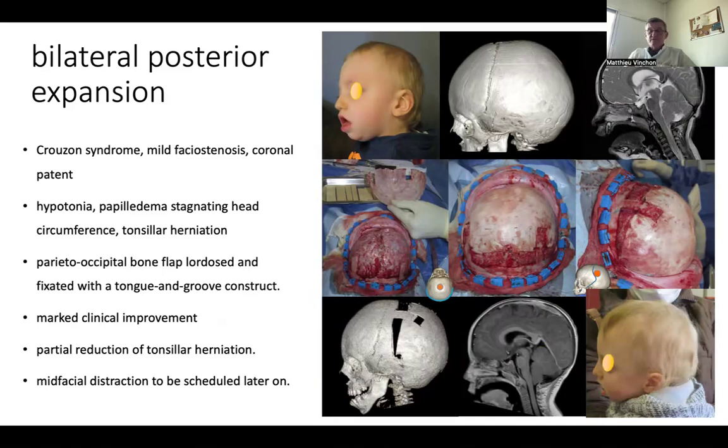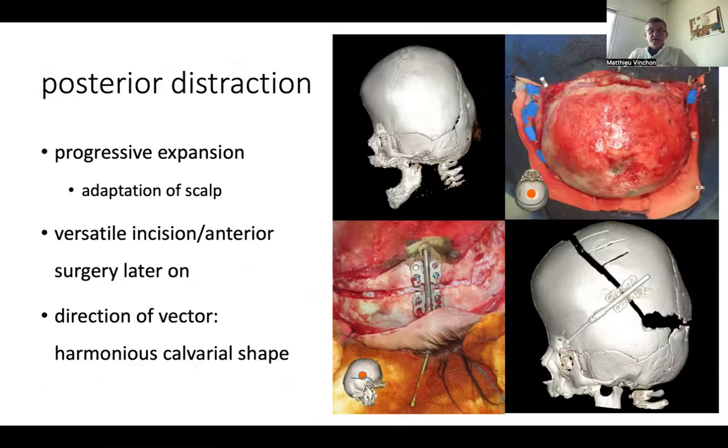And later on, he will have to undergo midfacial distraction. There is an alternative to this surgery, which is posterior distraction, like in this case, but this was a multistructural synostosis, so it was part of a plan.